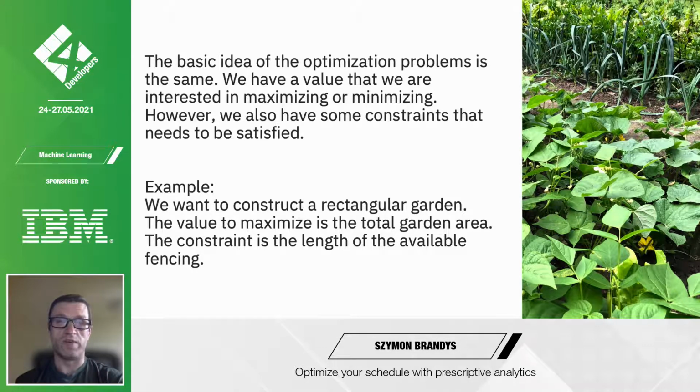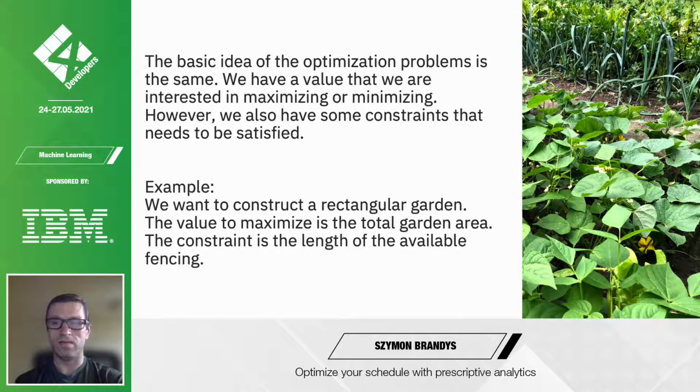A very basic example is constructing a rectangular garden, where what we want to maximize is the total garden area, while the constraint may be the length of the available fencing.